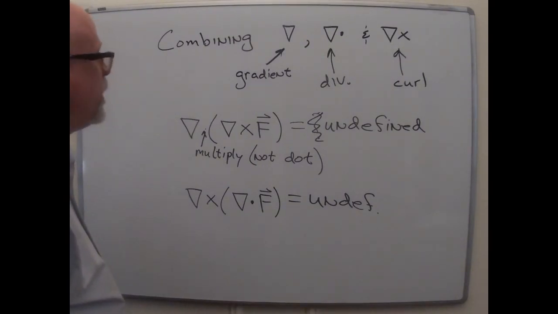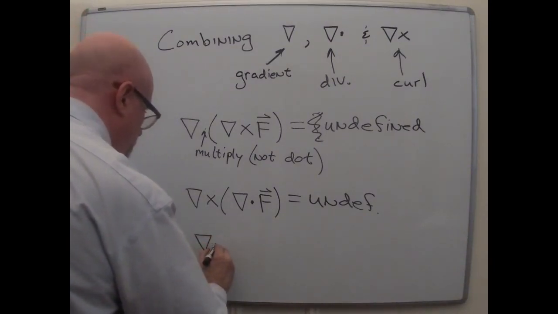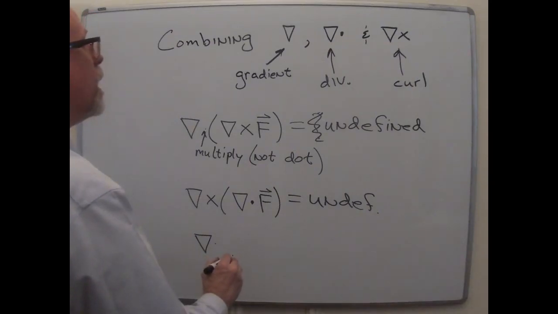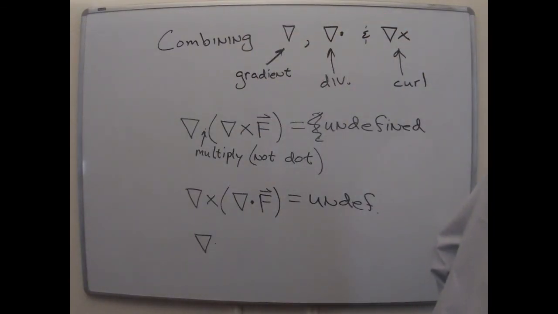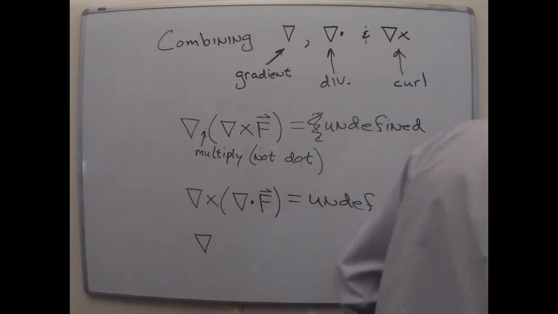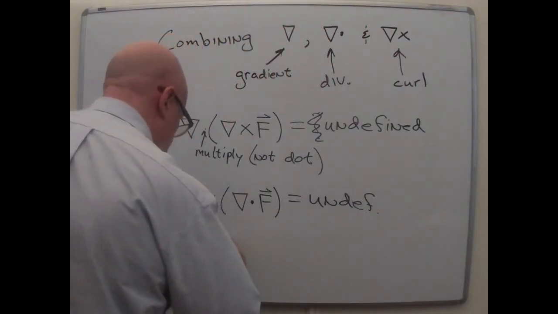All right, so one thing that is left that you can do is this. Del dot del f, for a little function f. Sorry, it's not the gradient, it's rather the divergence.